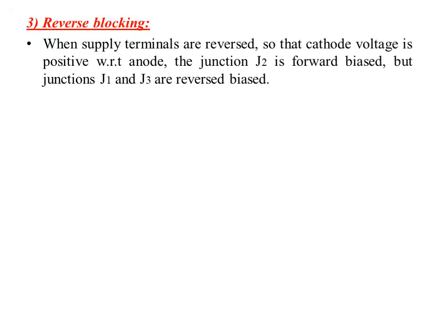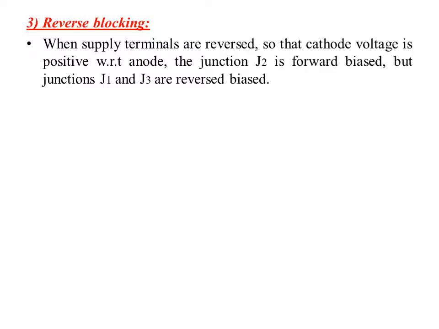Third, reverse blocking mode. When the supply terminals are reversed so that the cathode voltage is positive with respect to the anode. In forward mode, the anode was positive with respect to the cathode, whereas in reverse blocking mode, the cathode is positive with respect to the anode.